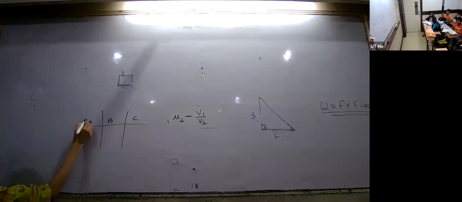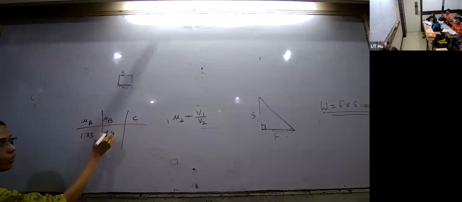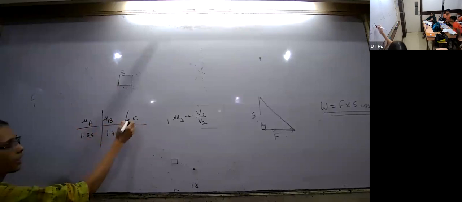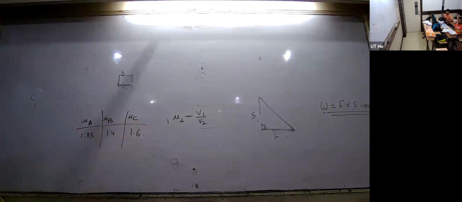Refractive index of medium A is 1.33. Refractive index of B is given as 1.4. Refractive index of C is given as 1.6. In which of these media does light travel the slowest? So can you name them again? A, B, C.